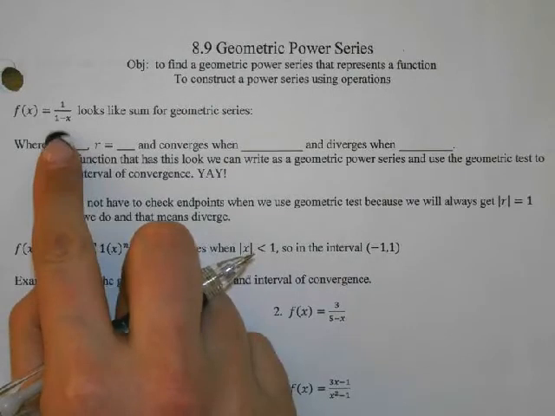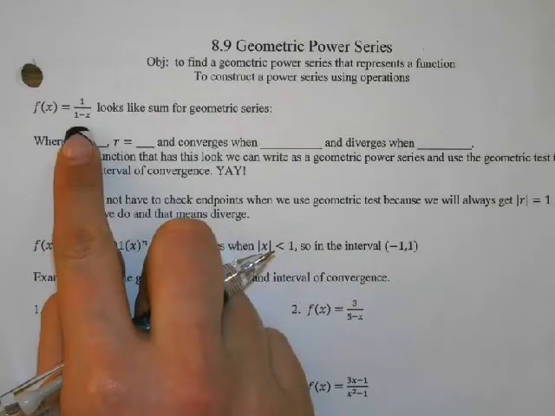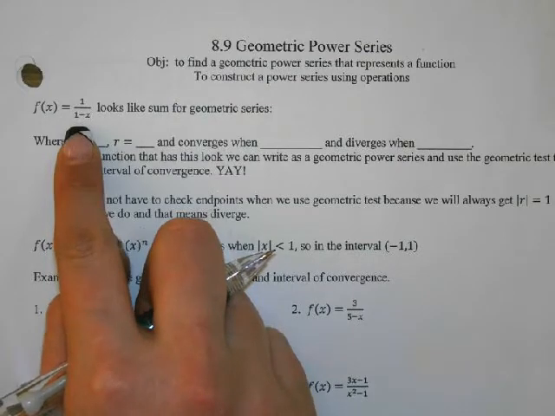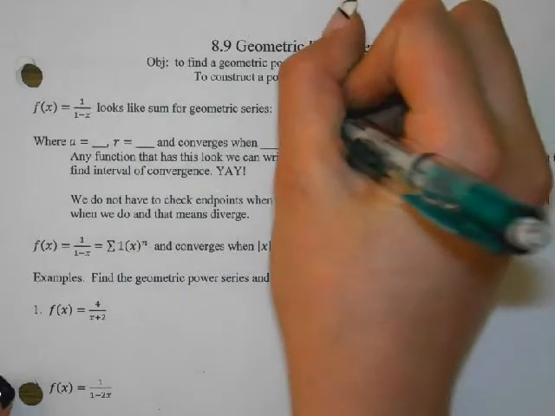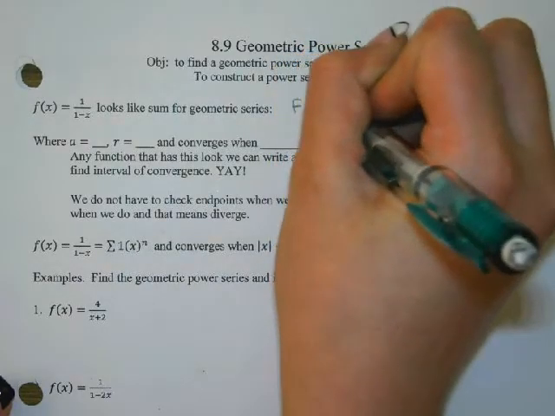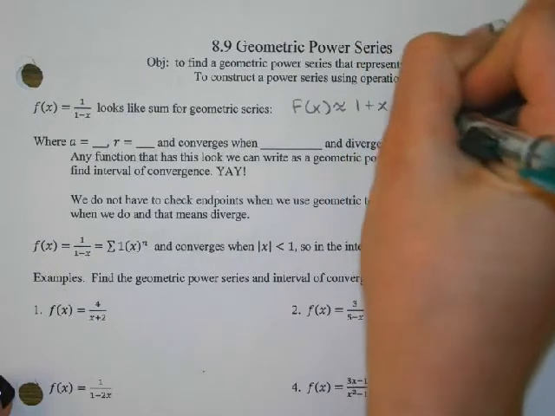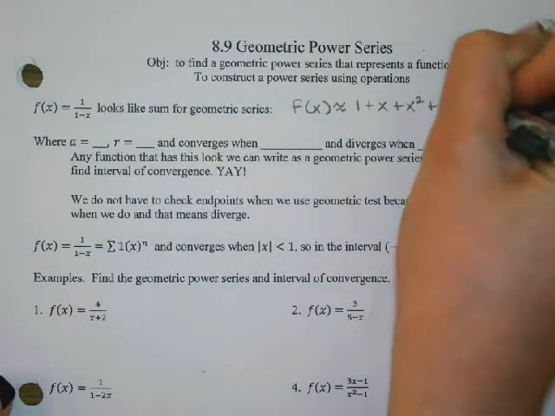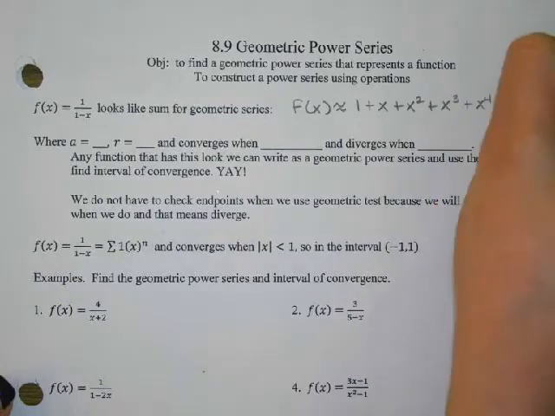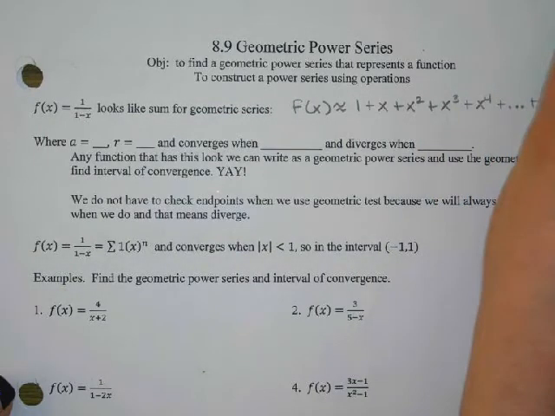One of them was for 1 over 1 minus x, and it looked like the sum of a geometric series. If you remember, the polynomial for this one was approximately 1 plus x plus x squared plus x to the third plus x to the fourth plus x to the n.